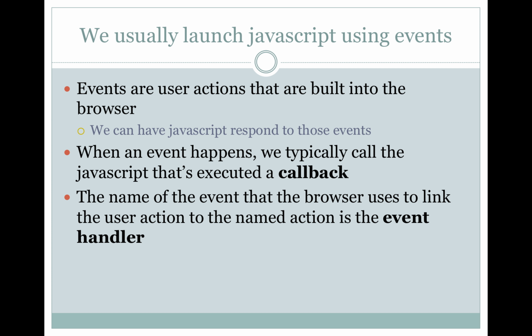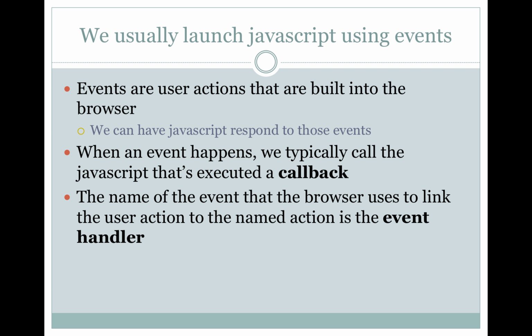So when we're making web pages, we actually typically create JavaScript that gets launched in a callback. And these callbacks are usually from what are called HTML events. So we talked about events in the context of Windows Forms previously, and the idea is very similar.